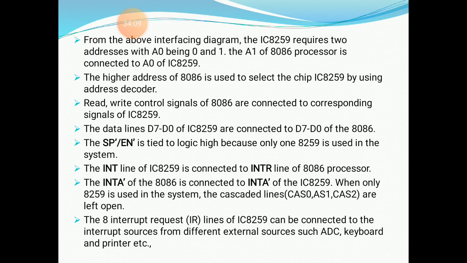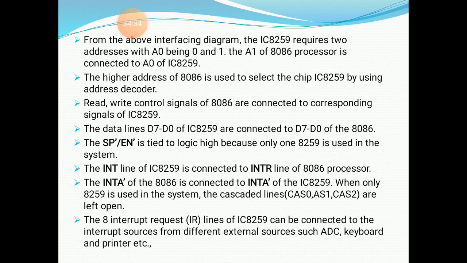From the above interfacing diagram, the 8259 requires 2 addresses with A0 being 0 or 1. That is, A1 of the microprocessor is connected to A0 of the IC 8259. The higher address lines of the 8086 are used to select the IC 8259 by using the address decoder.